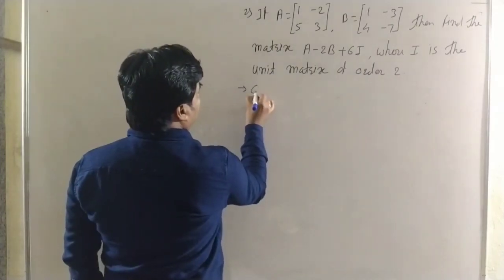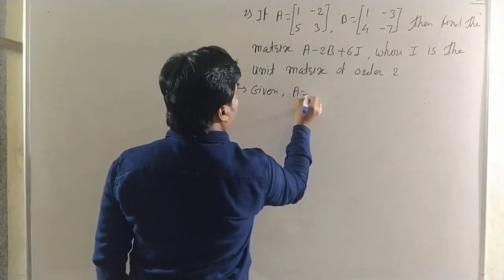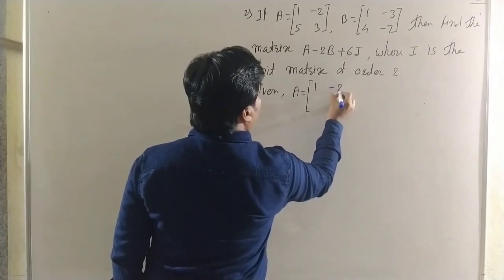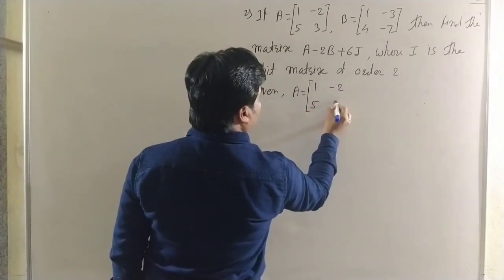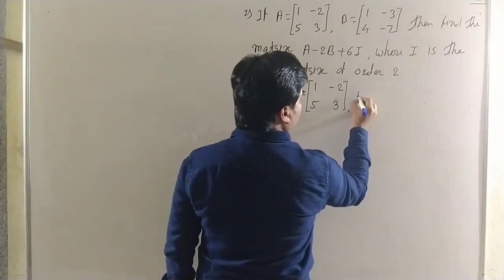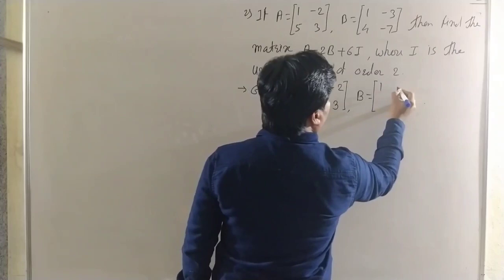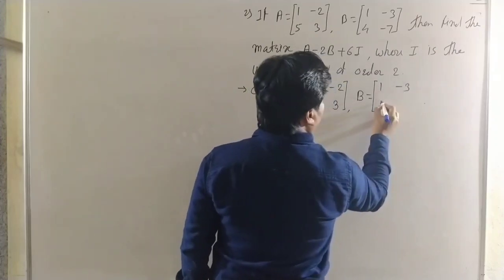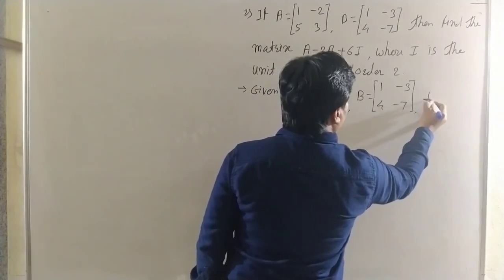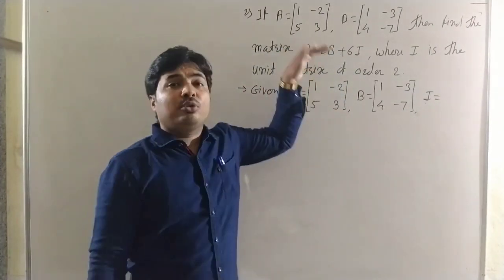Here given that A is 1 minus 2 5 3, B is 1 minus 3 4 minus 7, and I is the unit matrix of order 2.